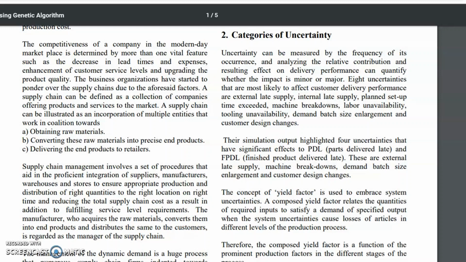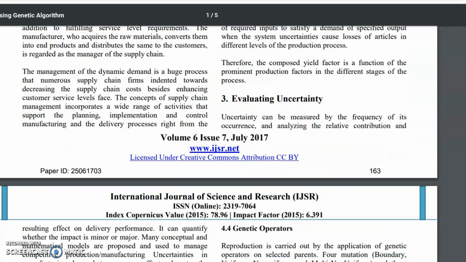All these things are responsible for what we call the uncertainty factors. Also, the concept of yield factor is very important, that is, it will lead to uncertainties. So what is a yield factor? It is the number of inputs that will produce an output based upon the uncertainties.